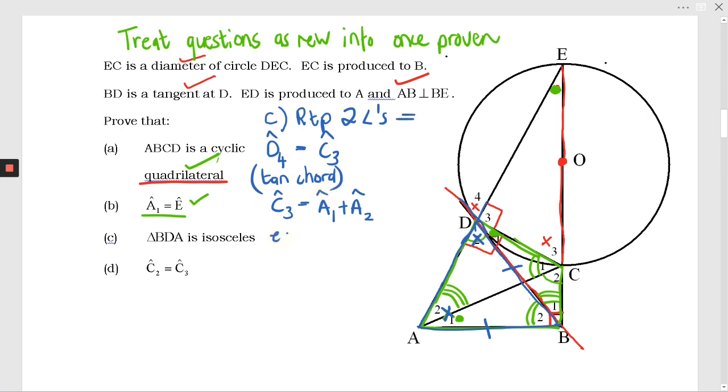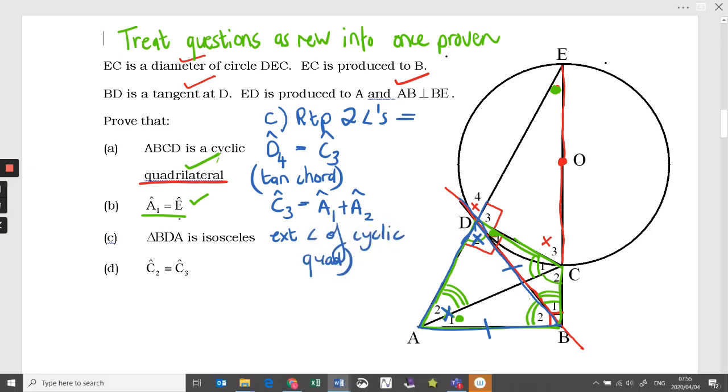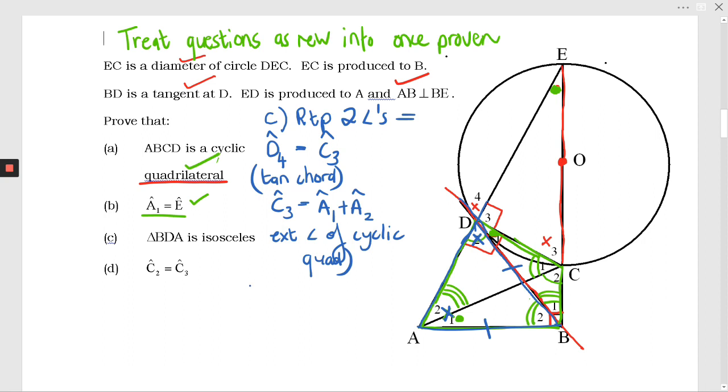So that was the exterior angle of a cyclic quad. And then also D4 equaled D2, the ones I marked out with x's, because of vertically opposite. Right, so therefore I have D2 equals A1 plus A2.